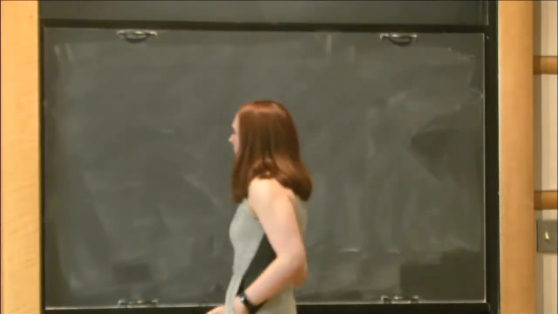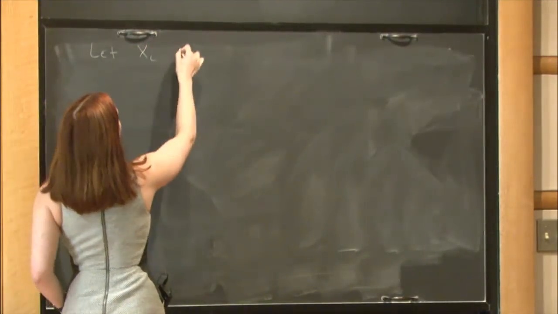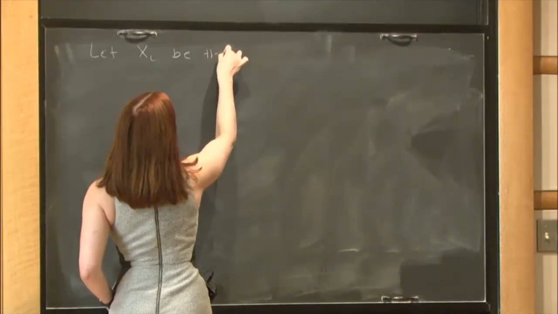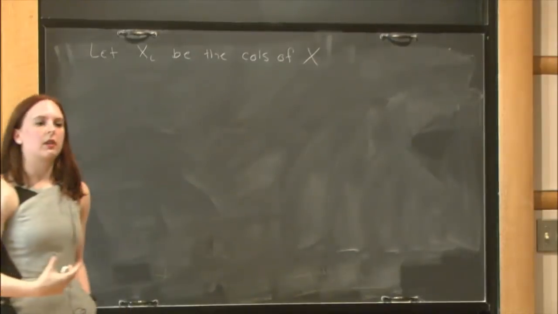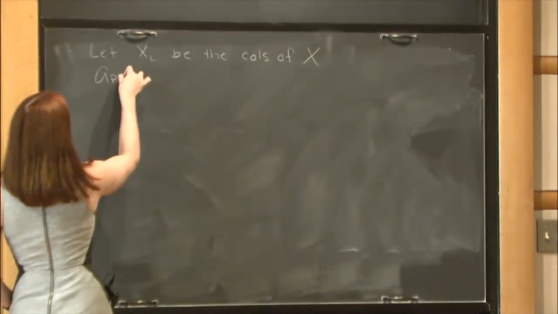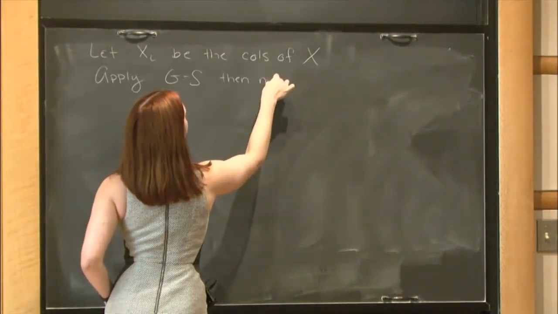So here, I'll let the xi denote the columns of x. First, I'll apply Gram-Schmidt and then multiply by m. So here, the order will be Gram-Schmidt, then multiply.